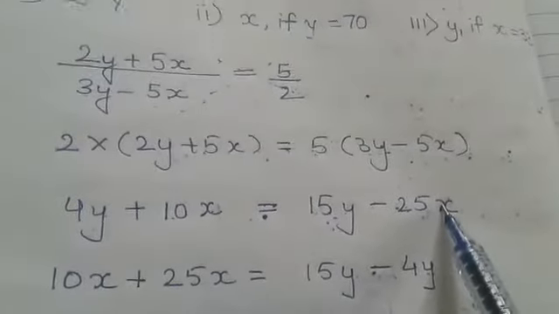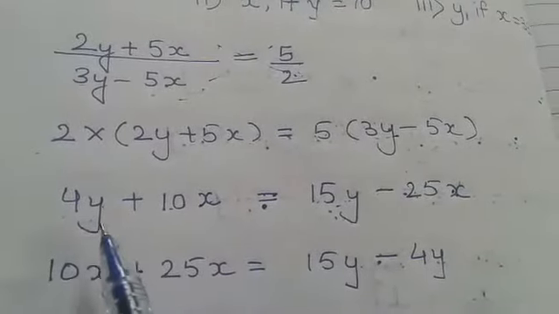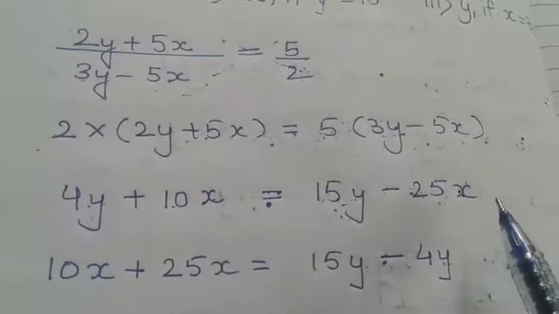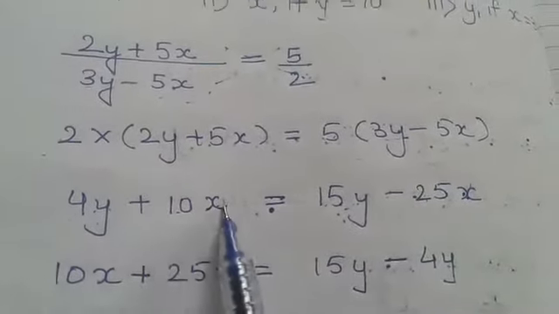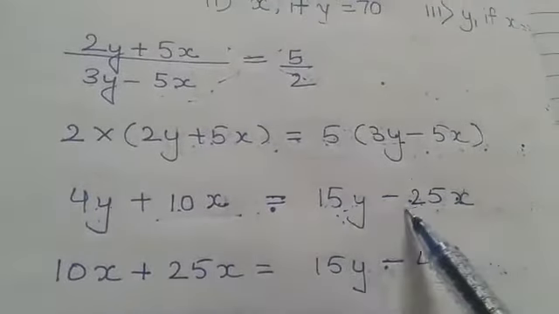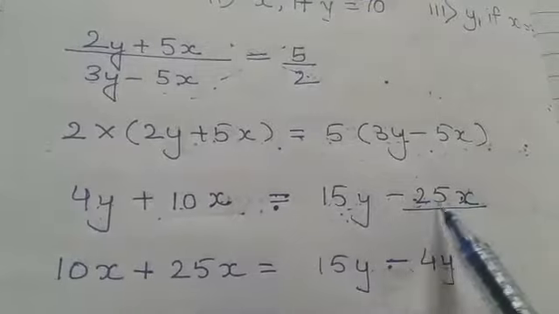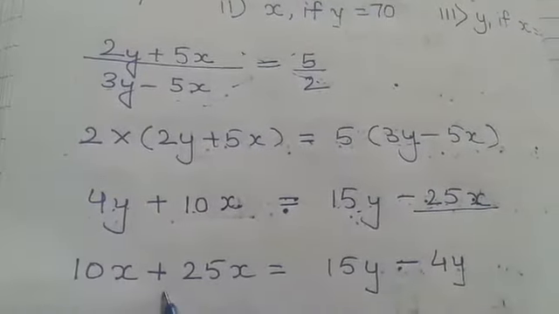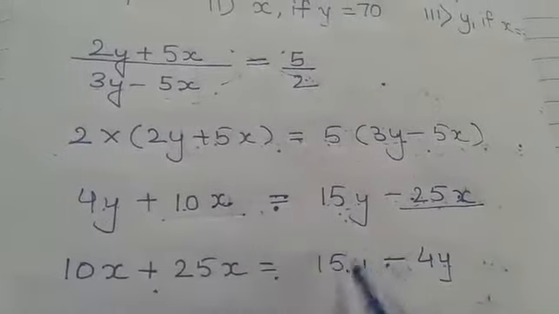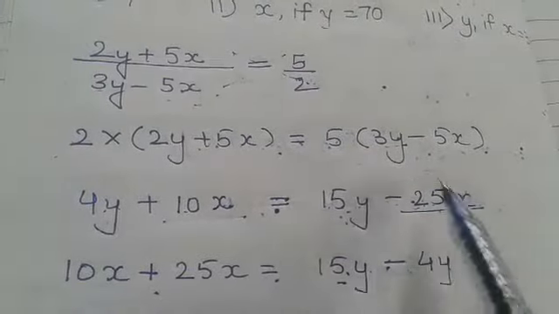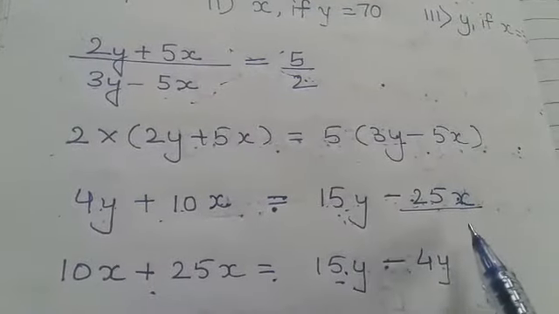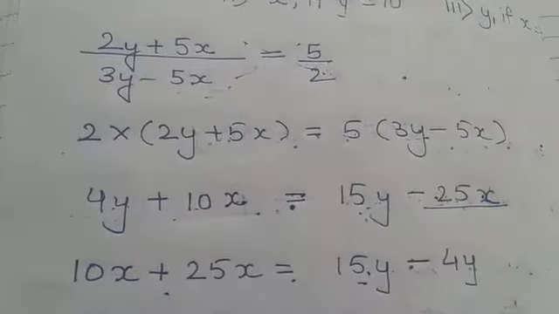Now bring all x terms to LHS and all y terms to RHS by the transposition method. So this is 10x, and the other x term, since it was minus 25x, became plus 25x, is equal to 15y. I told you x should be transposed to the left and y to the right.